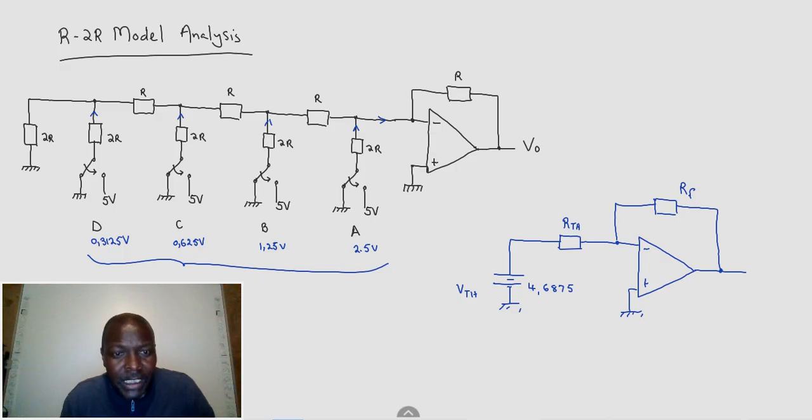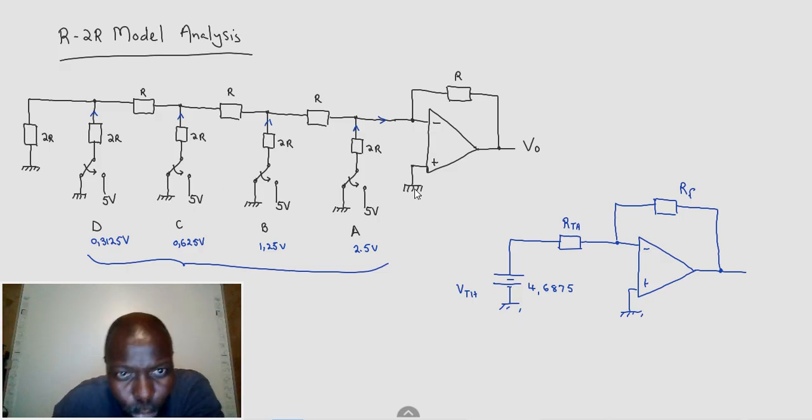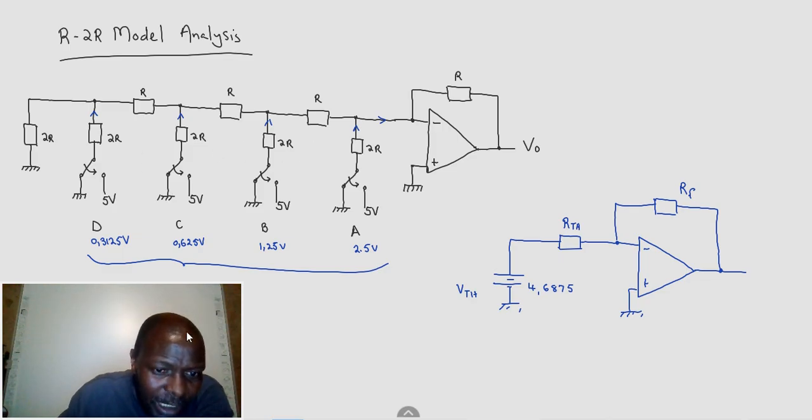If we did mention an internal resistance for a source, we treat that source as having an internal resistance of 0, meaning that it's like a short. So we short all the sources, meaning that we ground this anyway. So we ground the whole lot. When we ground the whole lot, we have these two being in parallel. The whole lot is grounded now.